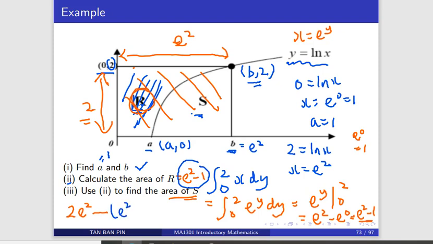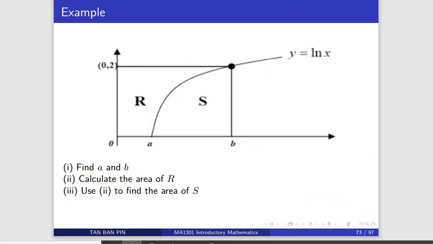So we minus (e squared minus 1). So it's just 2e squared minus e squared plus 1. So it's just e squared plus 1. So area S is e squared plus 1. So that means this is what we have: a is 1, b is e power 2, area R is e squared minus 1, area S is e squared plus 1.